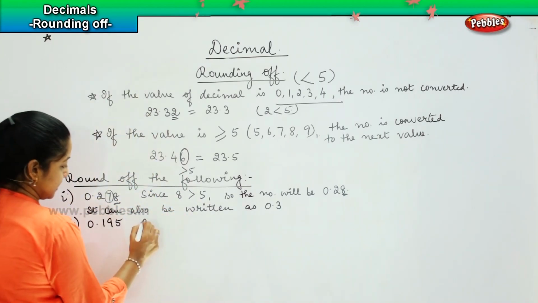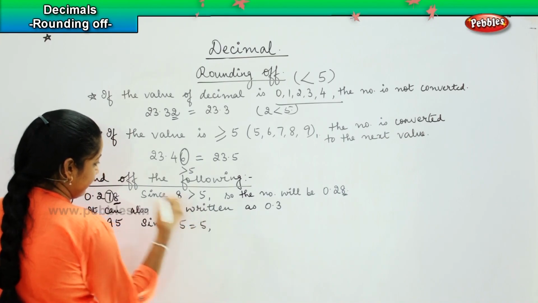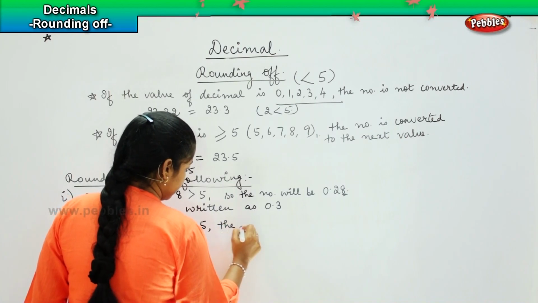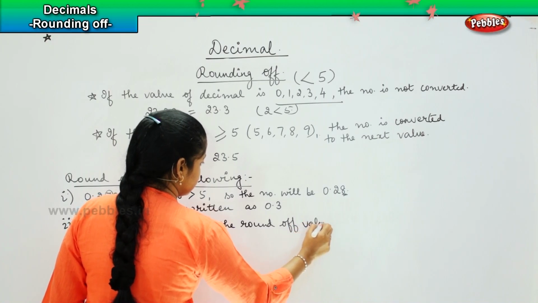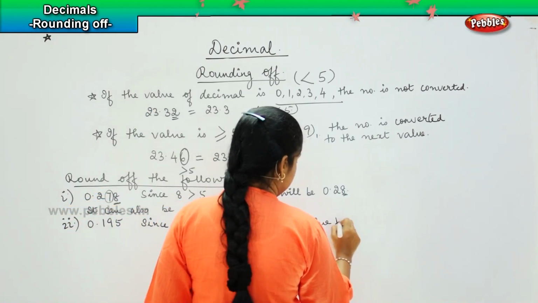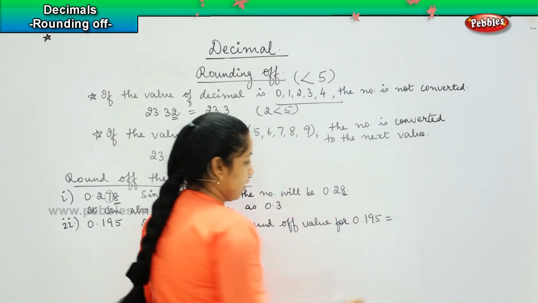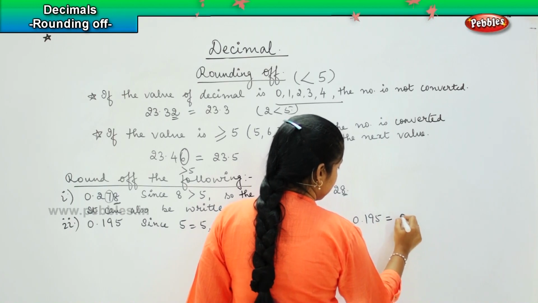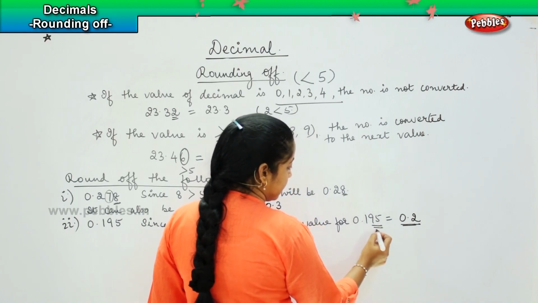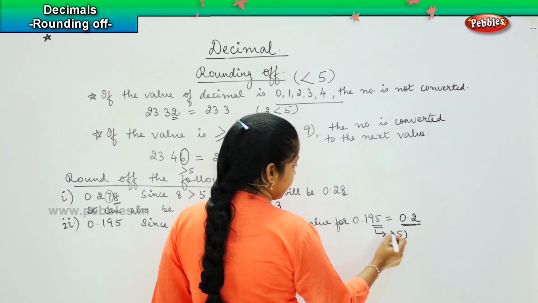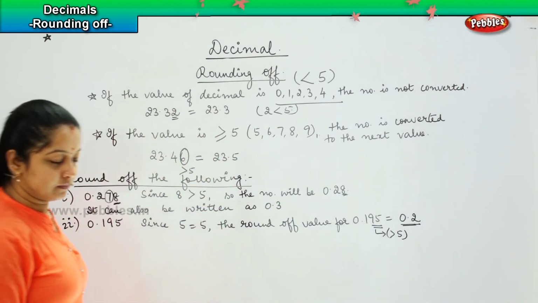Since 5 is equal to 5, the round off value for 0.195 will be 0.2, because this value is 5 or greater. Clear? One more example.